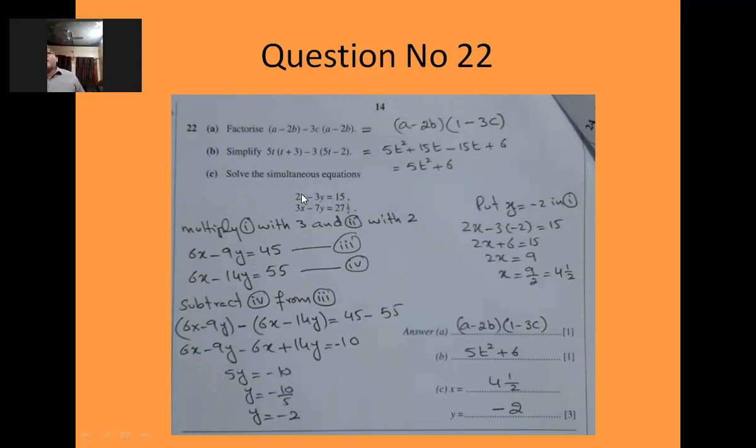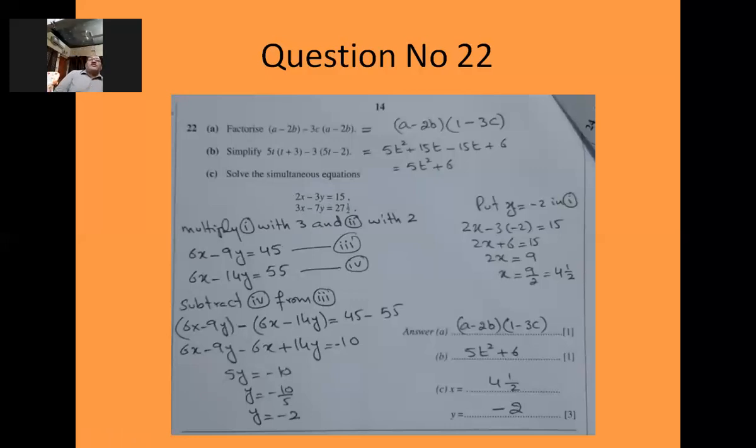Here I will try to make the coefficients of x the same. To do that, the first equation should be multiplied by 3, and the second equation should be multiplied by 2.